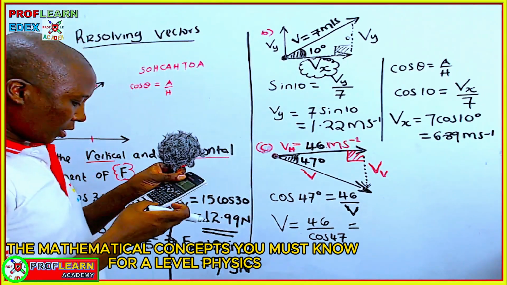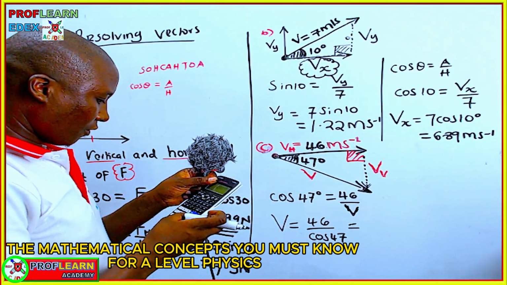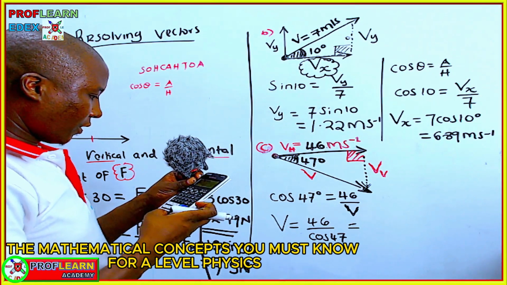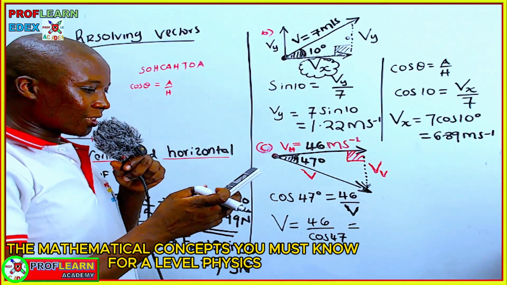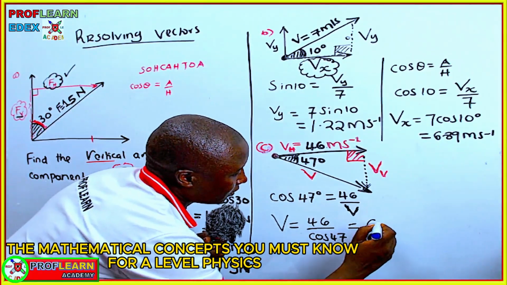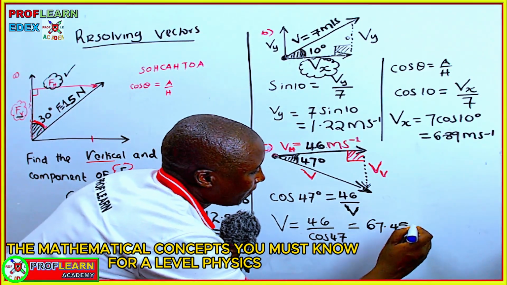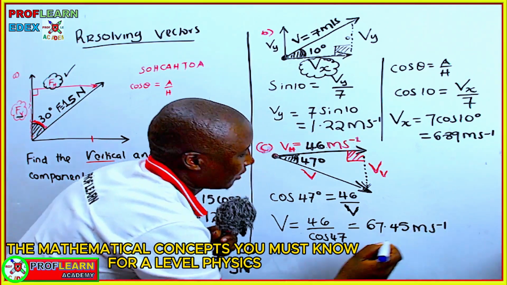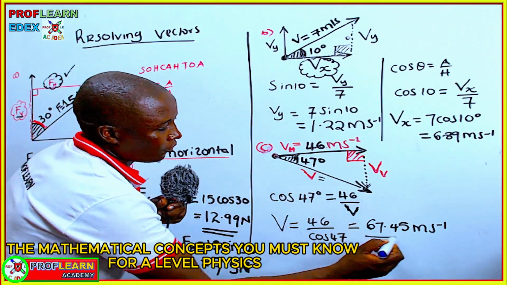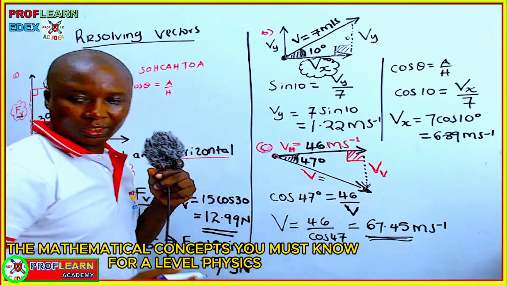So we need to put it in the calculator. Cos 47. This becomes 67.45 meter per second.